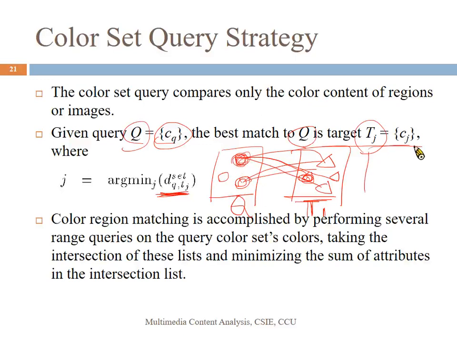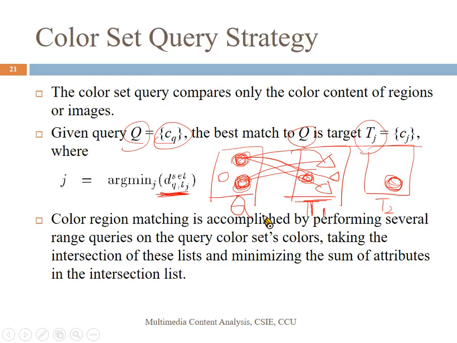Then there may be another database image T2 that consists of another region quite similar to another region in the query image Q. So we may return several images, and then take the intersection as we mentioned before.